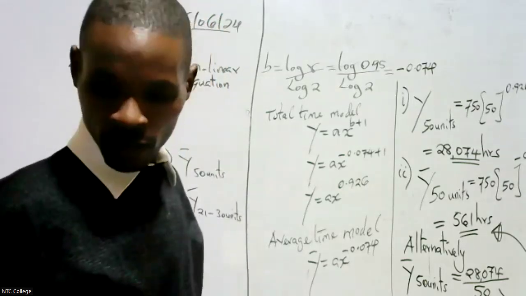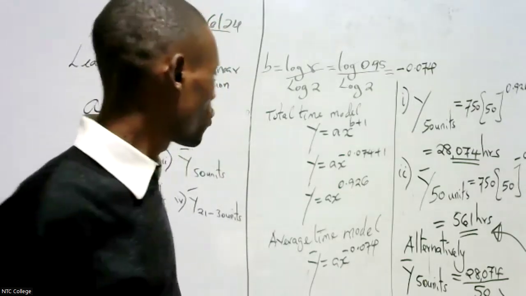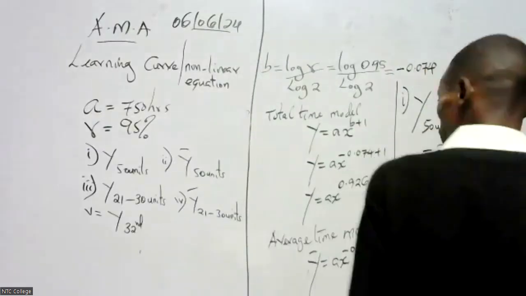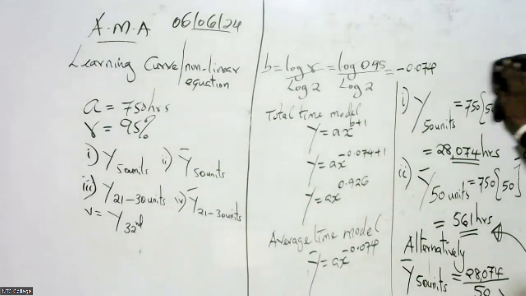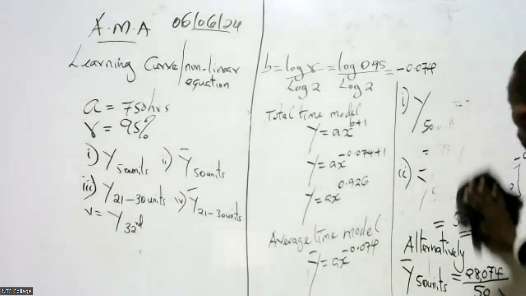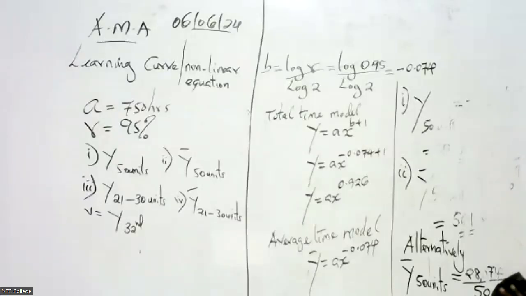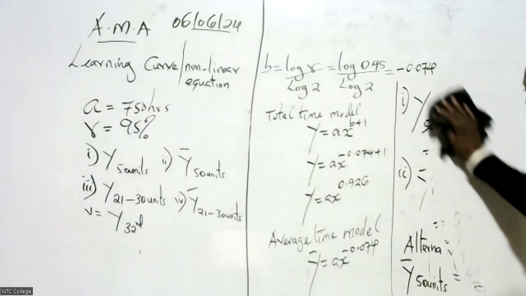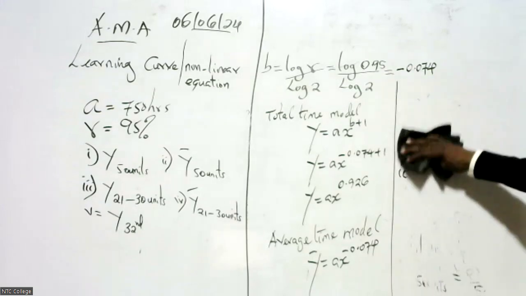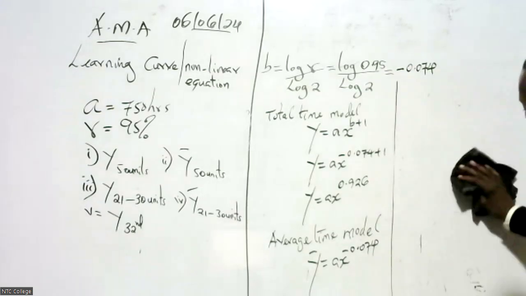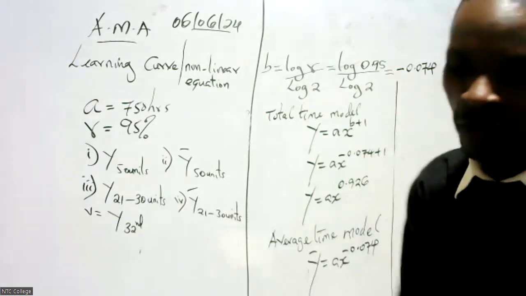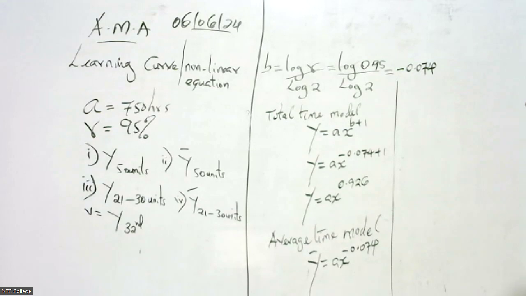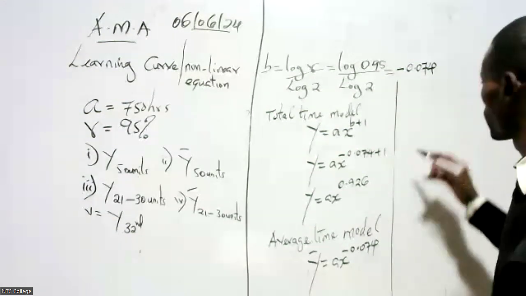All right. Now let's go to Roman 3. You are told the time taken to produce 21 to 30 units. That is Roman 3.